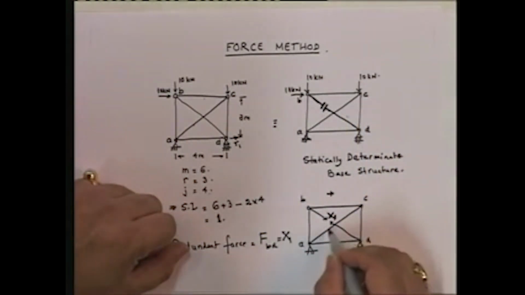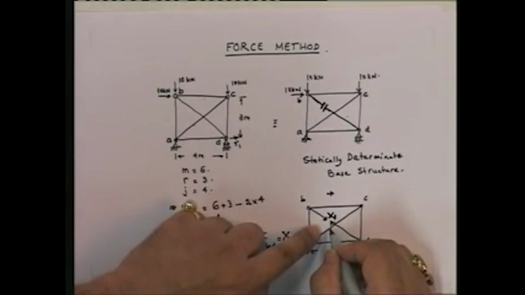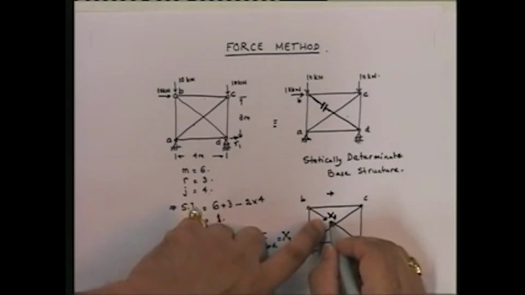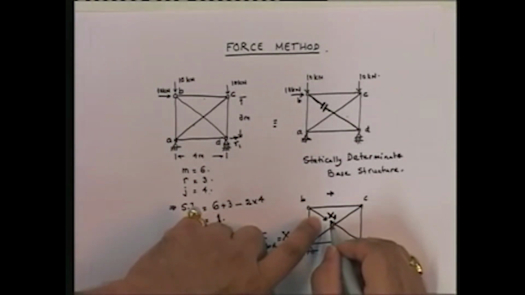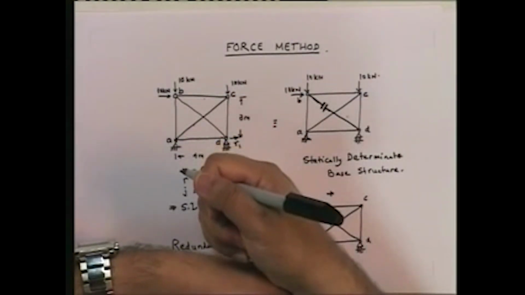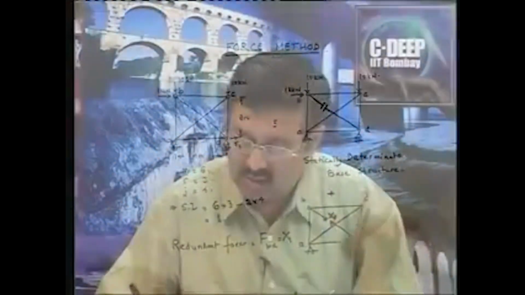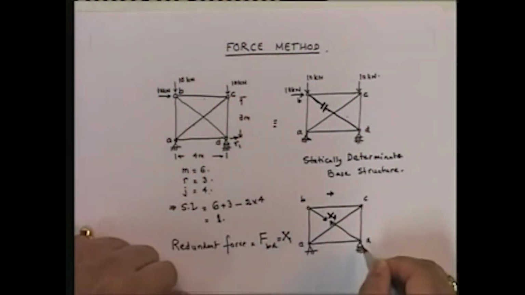Well, let's have a look at the second point. When I apply x1, note that I've applied a force x1 across the joint. Since these 2 are independent points, when I apply x1, they're likely to overlap, assuming x1 is positive. If x1 is negative, they'll pull apart.